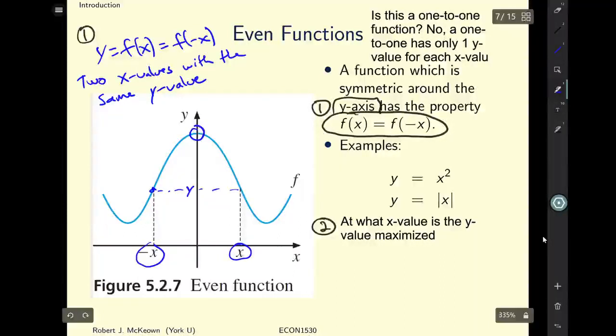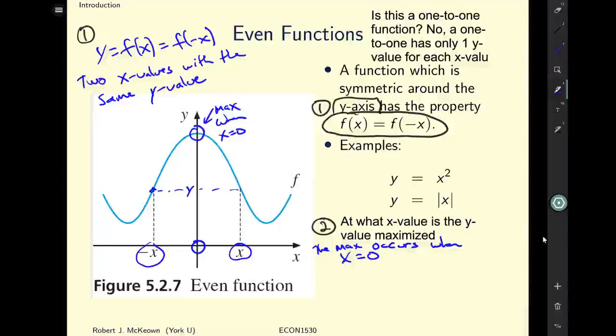Well, there's the max, and it is going to occur at x is equal to 0. Whatever that maximum value is for y, it's occurring when x is equal to 0. The max occurs when x is equal to 0.